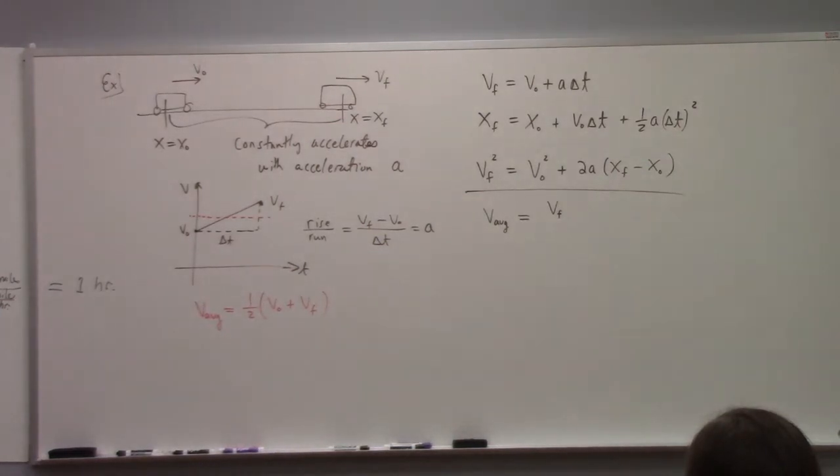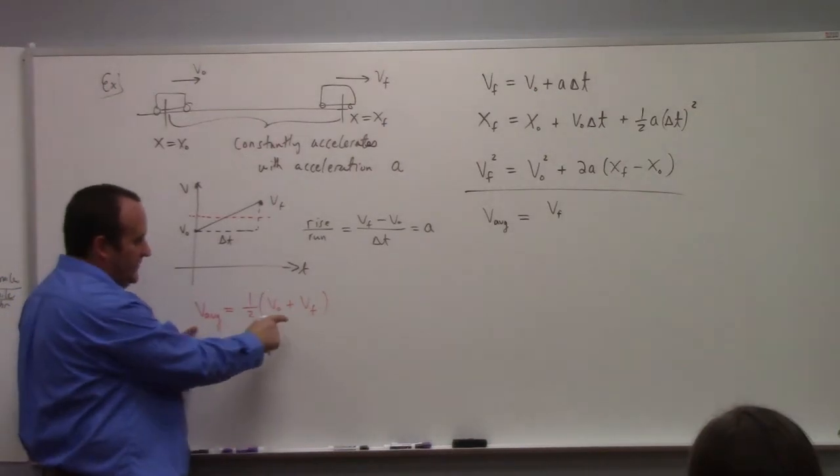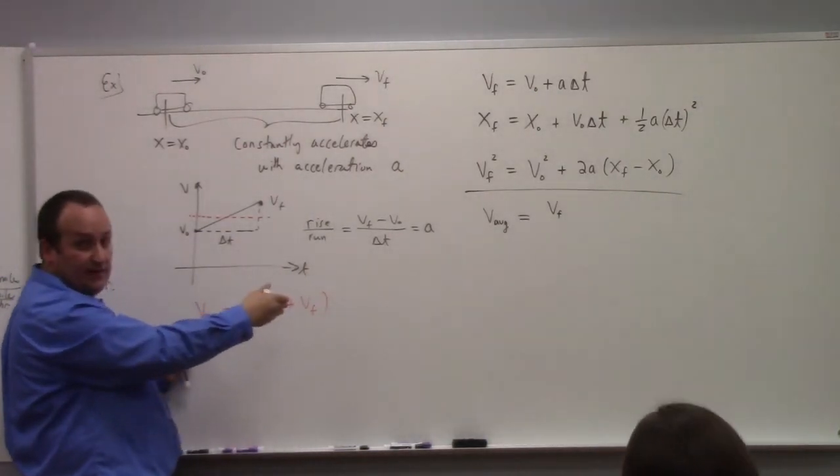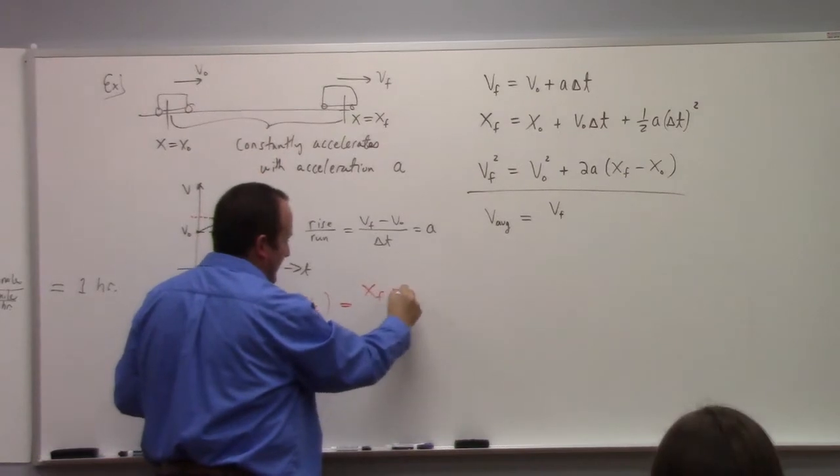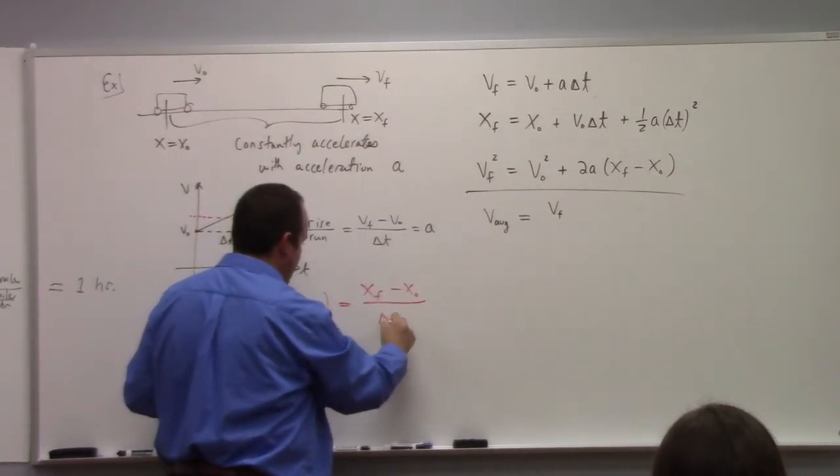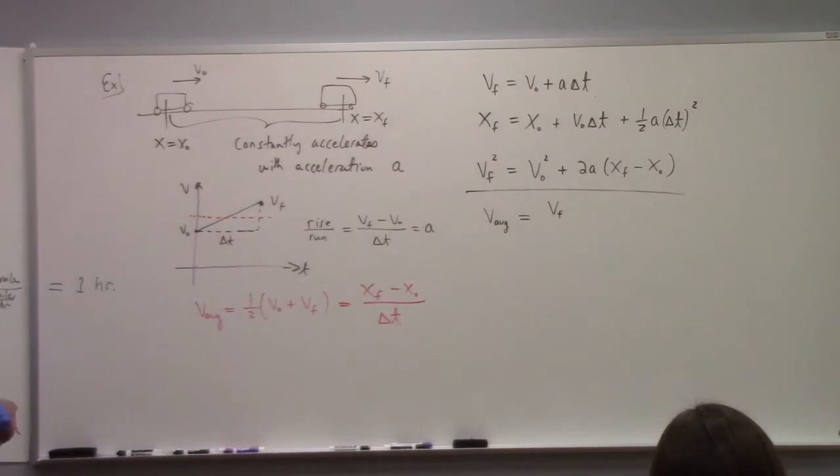Yeah, it's a constant. What's the average of 3? It's just 3. But this average velocity, I'm saying it's 1/2 the sum of the initial and final, but we could also write xf minus x naught divided by delta t. That's another equation which is true.